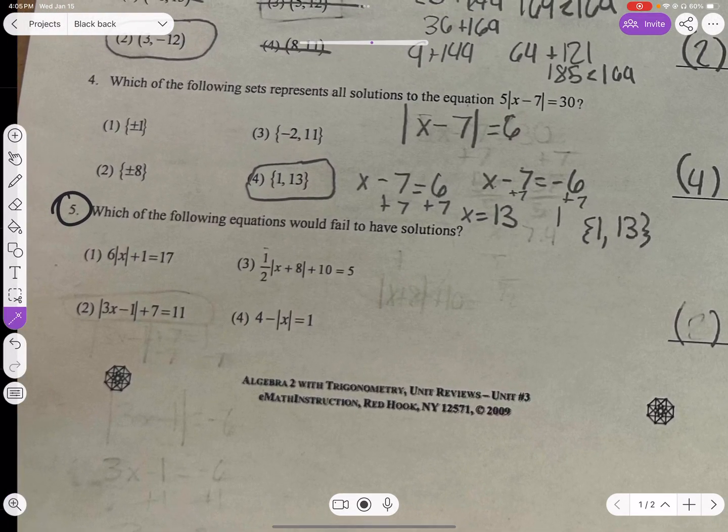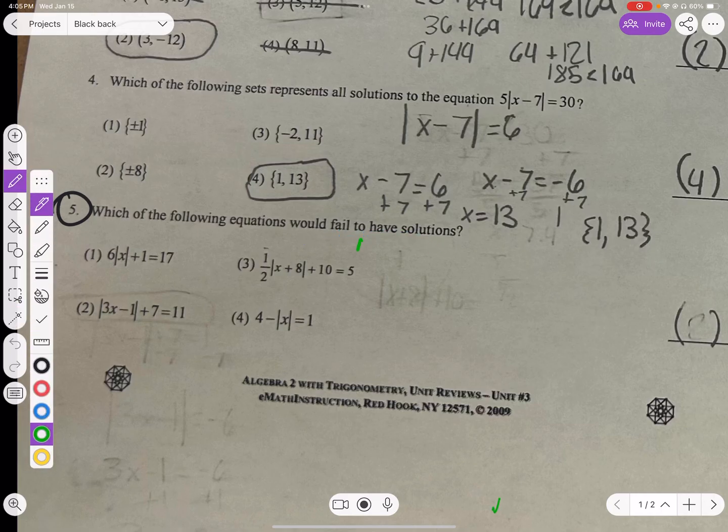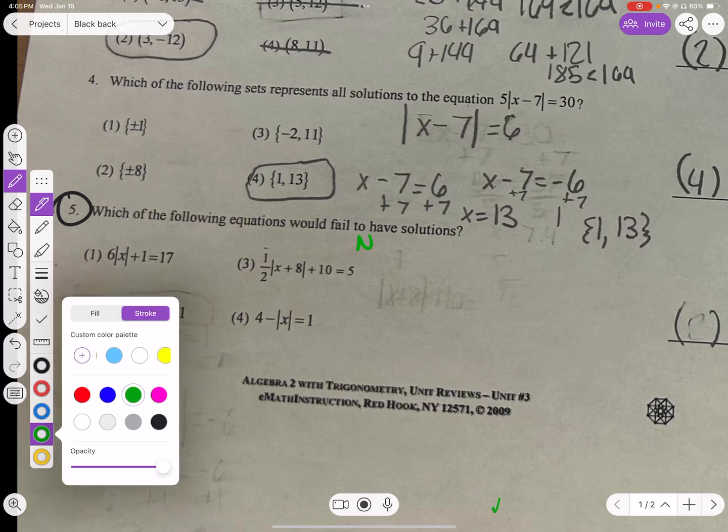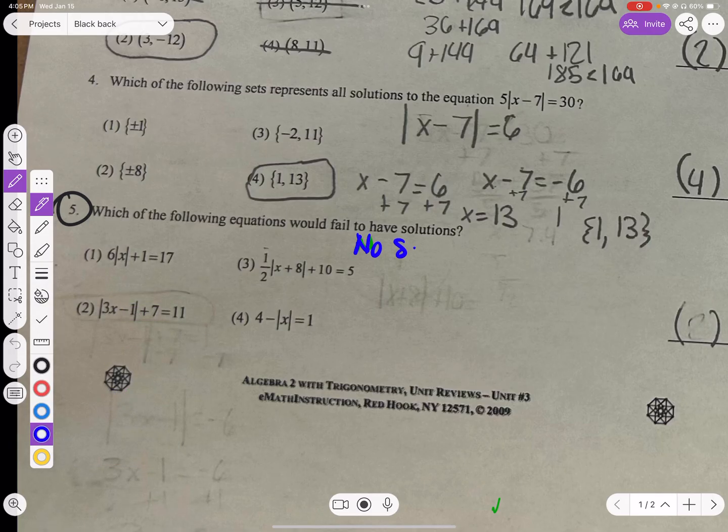So let's talk about this guy. Which of the following equations would fail to have solutions? So we want no solutions, essentially, is what this problem is asking. Which equation has no solutions? Well, one thing we should have learned about absolute values is that no matter what number is in here, when I take the absolute value of it, I always get a positive answer.